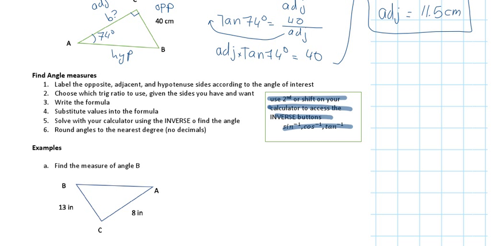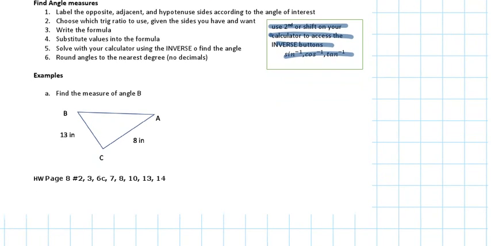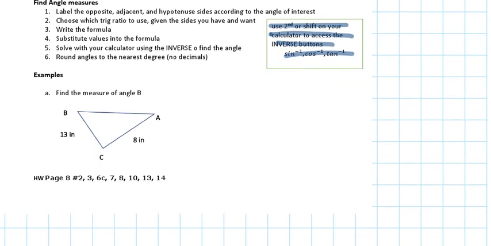So find the measure of angle B, and we know that angle C is our right angle here. So you're looking for angle B. So this is my angle of interest, right? Remember, angle of interest is the one that's given to you or the one that you are looking for.